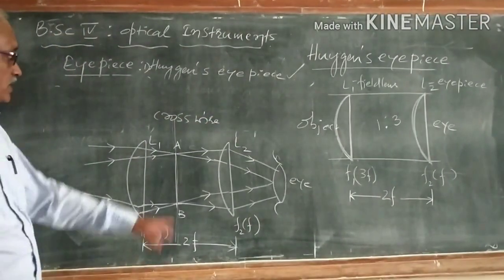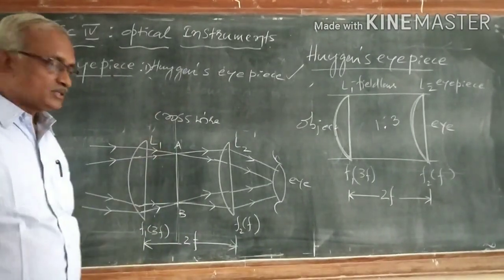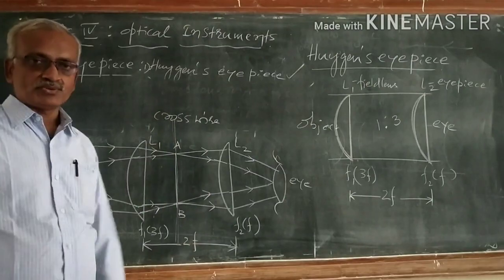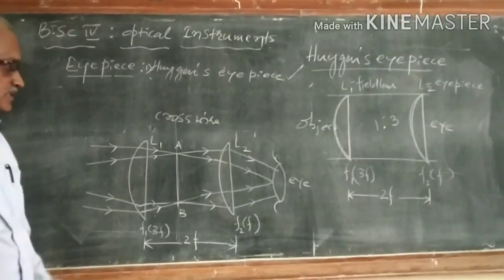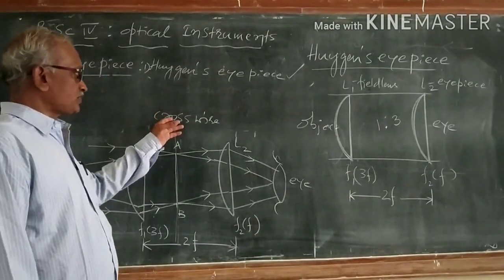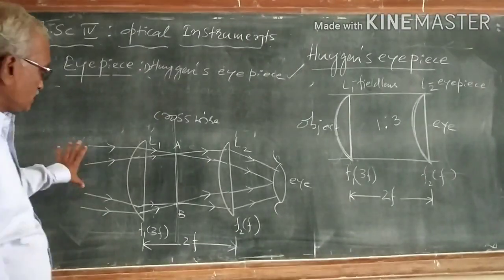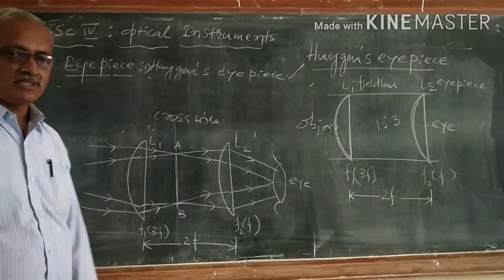If you keep the cross wires here, what will happen? Due to the lens, there is refraction of these cross wires, and the image is not so clear. Similarly, the rays will overlap on one another.